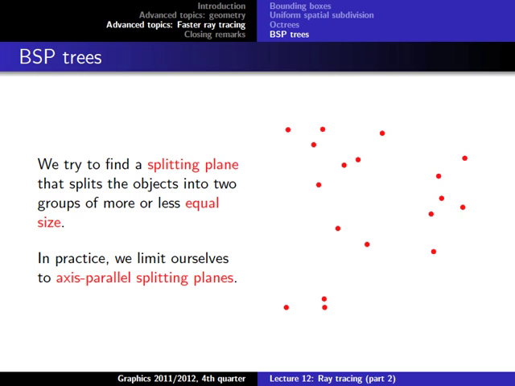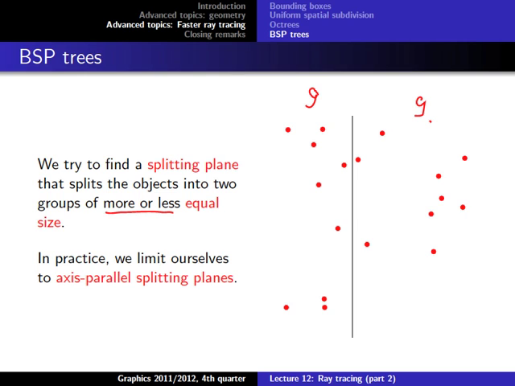We split it so that each cell has an equal amount of objects. In this case, we have 18 objects, so we split it in a way that we have 9 in the left cell and 9 in the right cell. It says here more or less equal size, because of course, if the number is uneven, then we have a difference of 1.